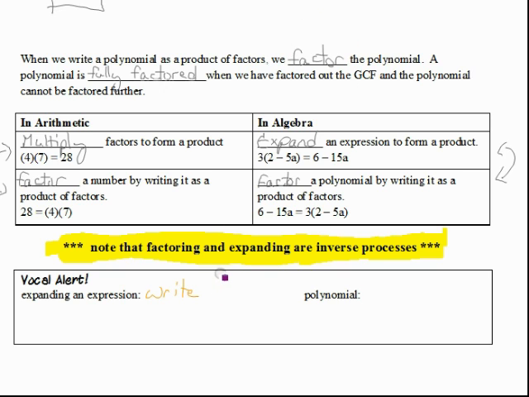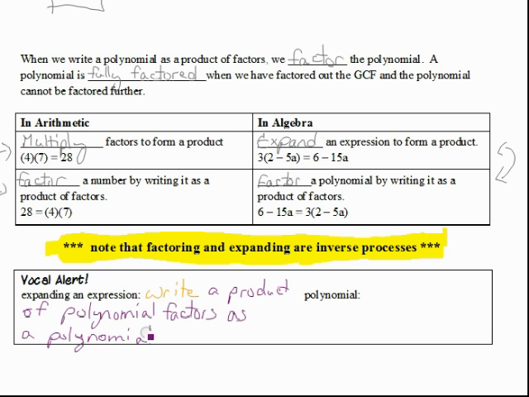Write a product of polynomial factors as a polynomial. What the heck does that mean? That is when you do this here. You're taking polynomial factors and you're multiplying them together to get a single polynomial.